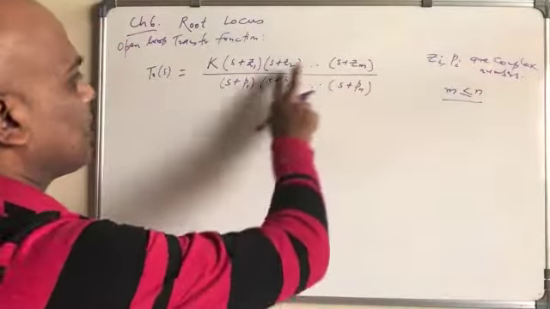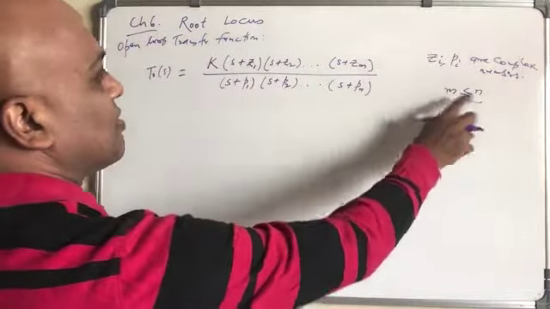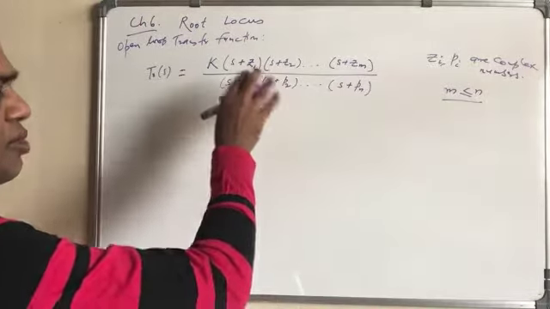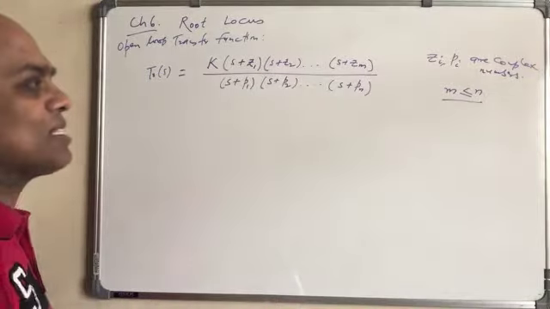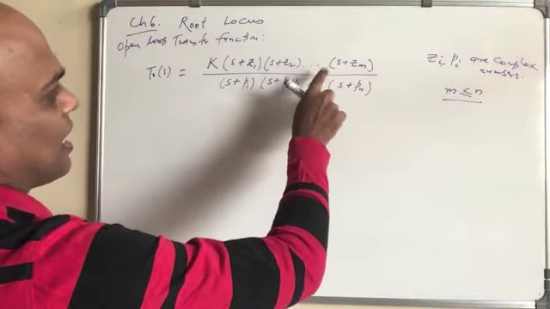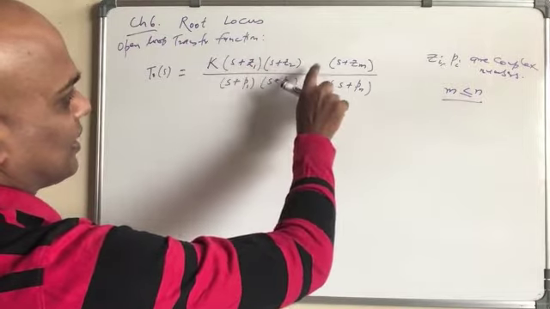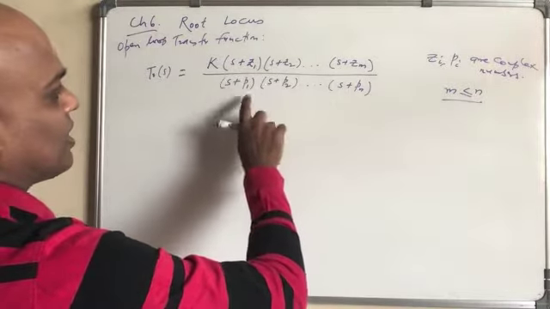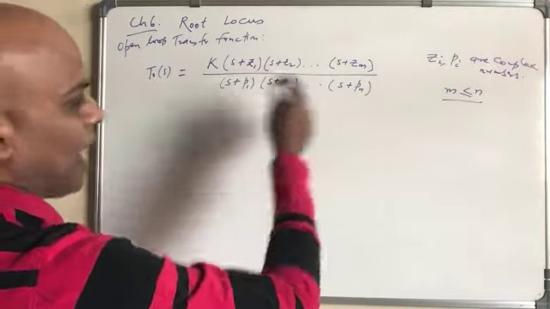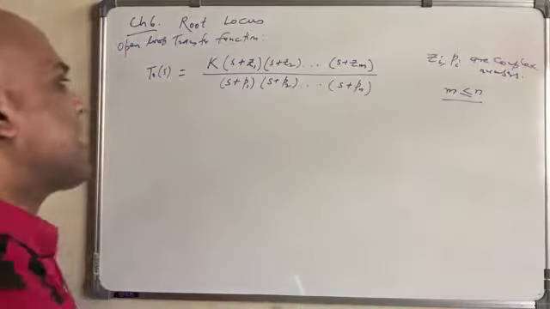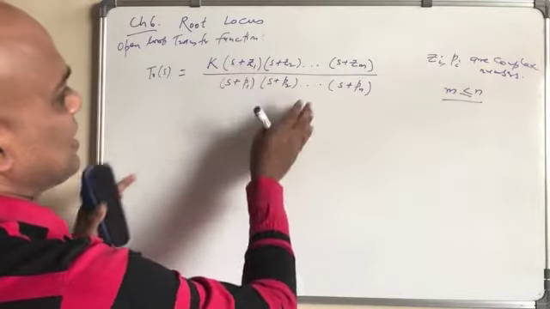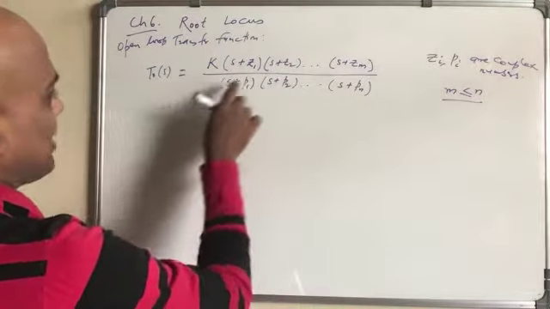This is required: m should be less than or equal to n. The numerator will have a lower polynomial order and the denominator a larger one.